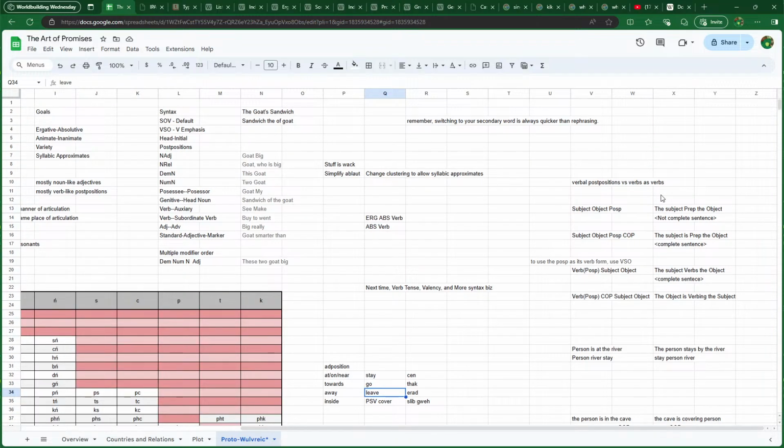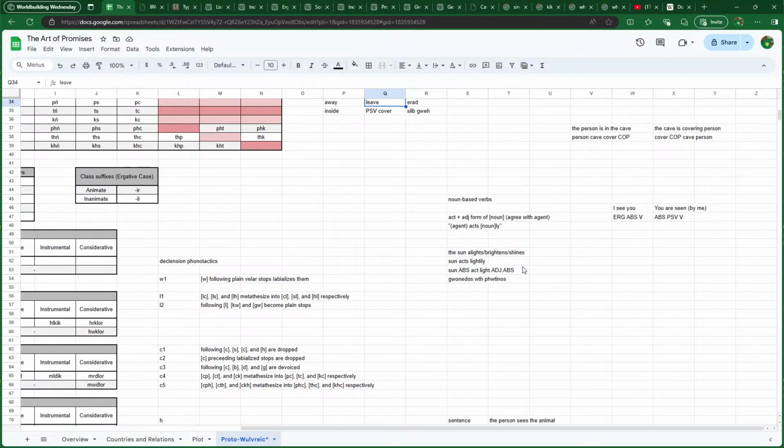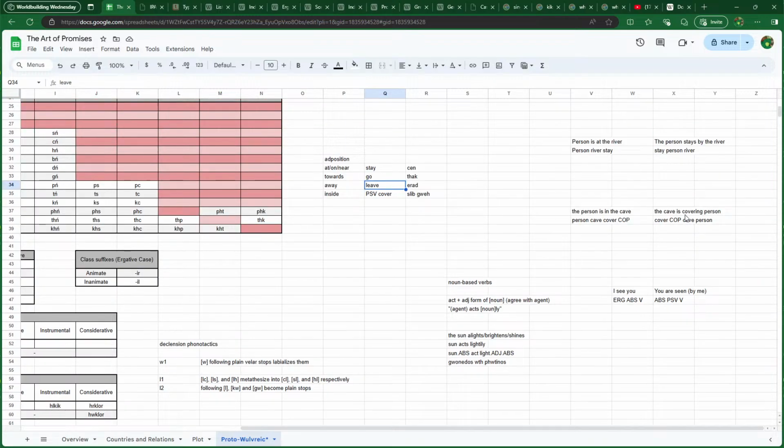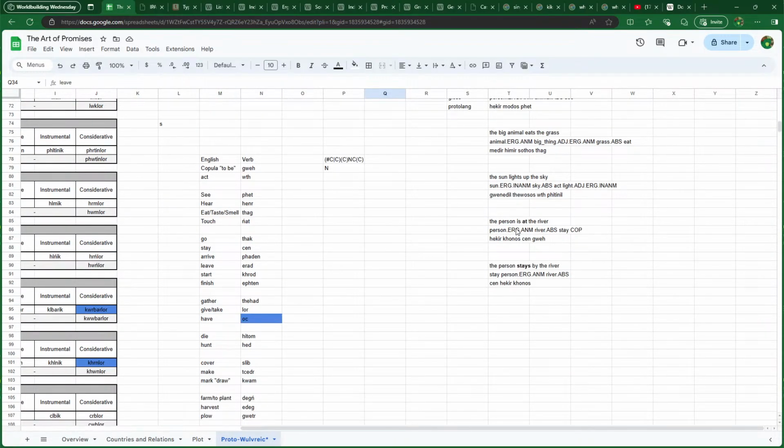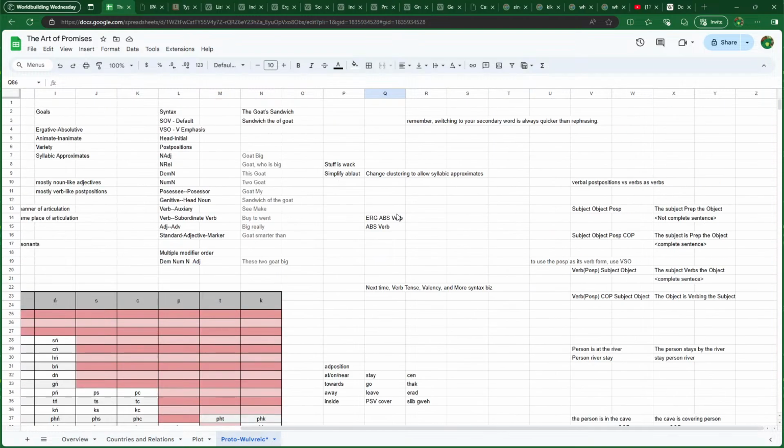So, our example, right? The person is at the river. So the person is at. Is the verb here. So the copula is the verb that we care about because it's talking about a state of being.